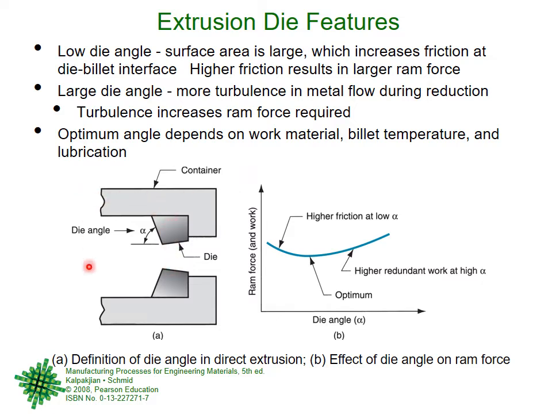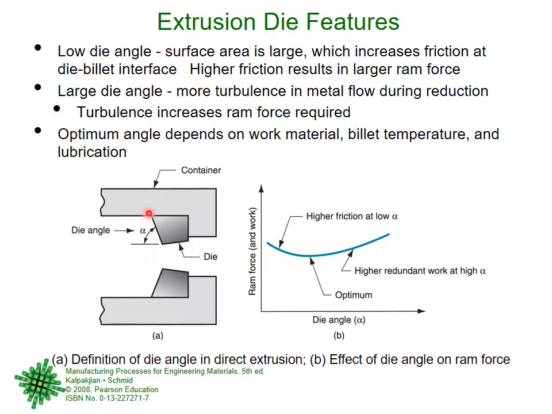Similarly, this container is a round tube, inside which the cylindrical billet will come, isn't it? And so this is the die, and there will be die backers and so on, and the billet material will be pushed through it, and then it will take the shape of the die.